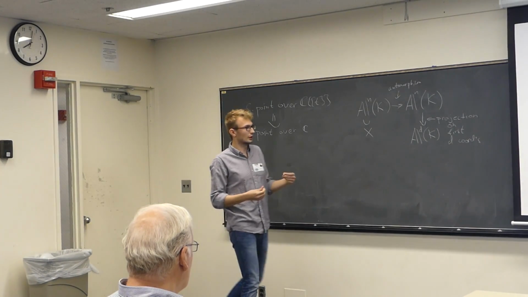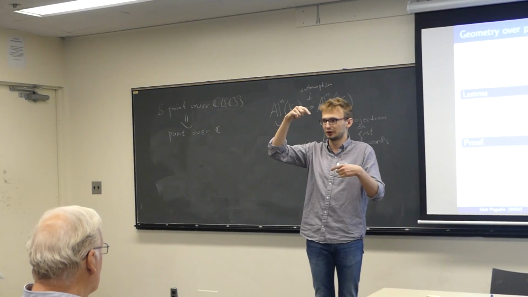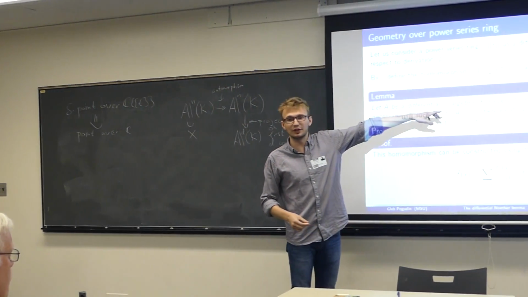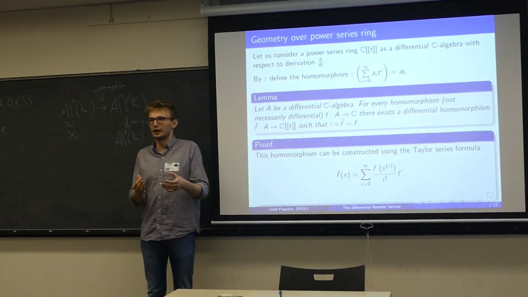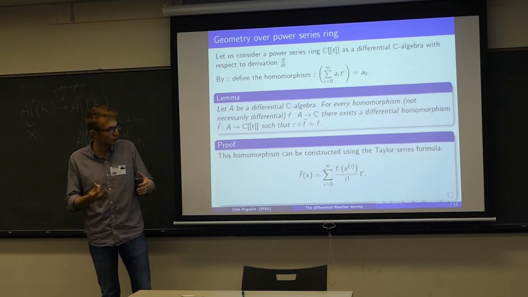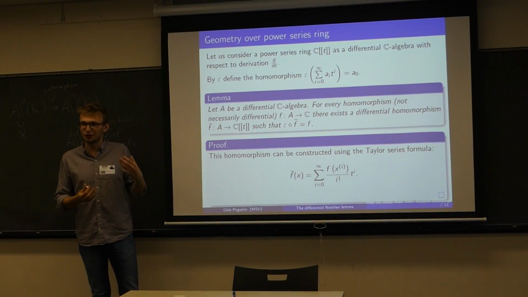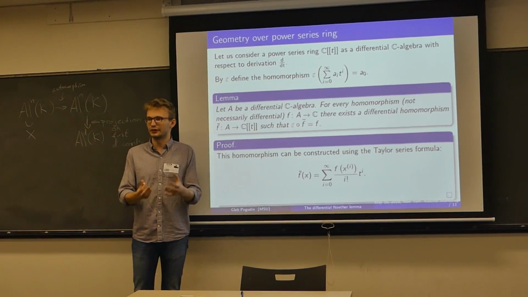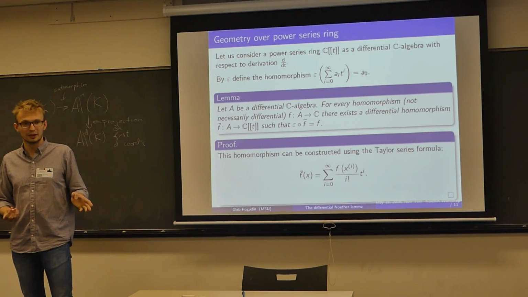And interestingly, this implication can be turned upside down. If you have a homomorphism to complex numbers, you can construct a differential homomorphism to power series. You just use the Taylor series formula. And it can be verified that this is a differential algebra homomorphism.